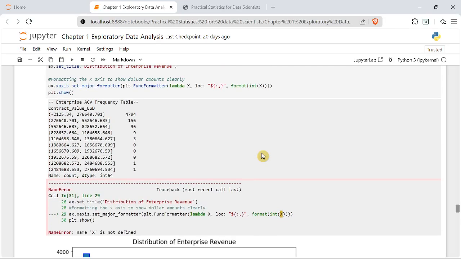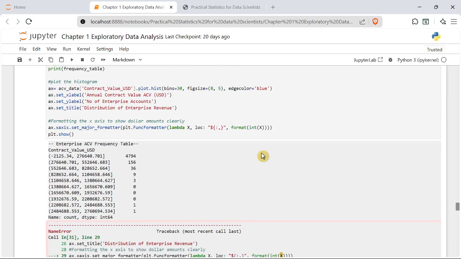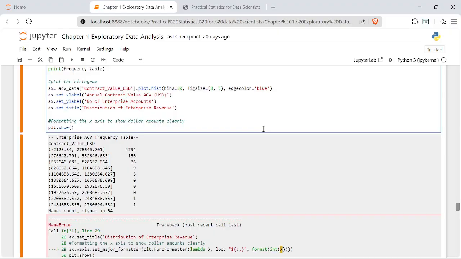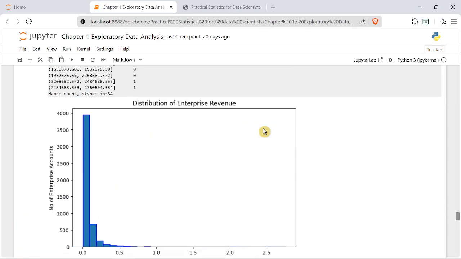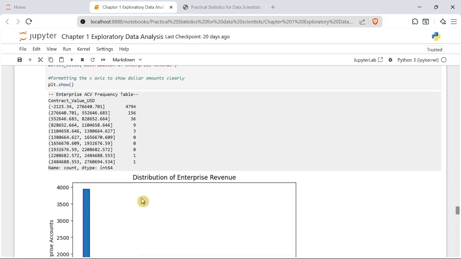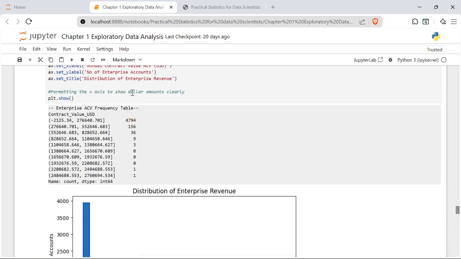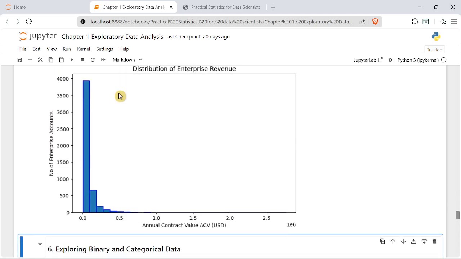It's not working. That formatter, no, format int. Anyways, let's not spend much time in formatting the x-axis to show dollar amounts. It's kinda understandable.